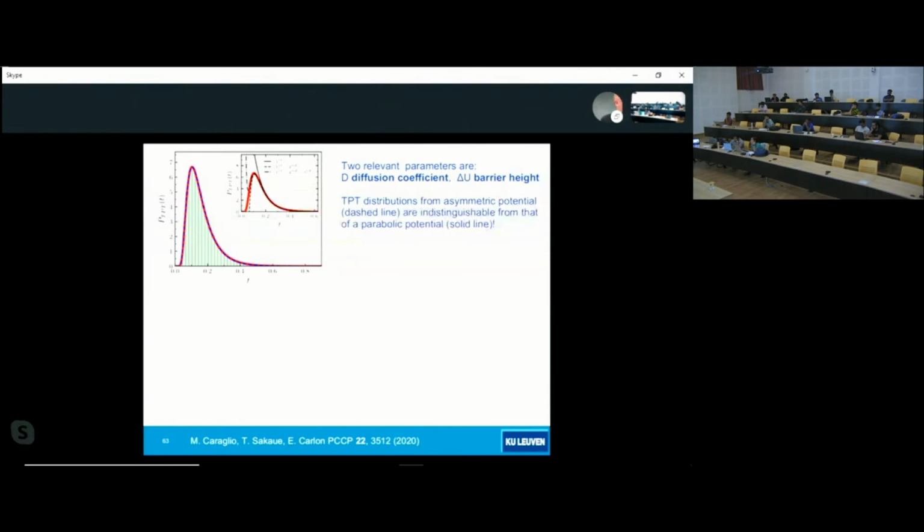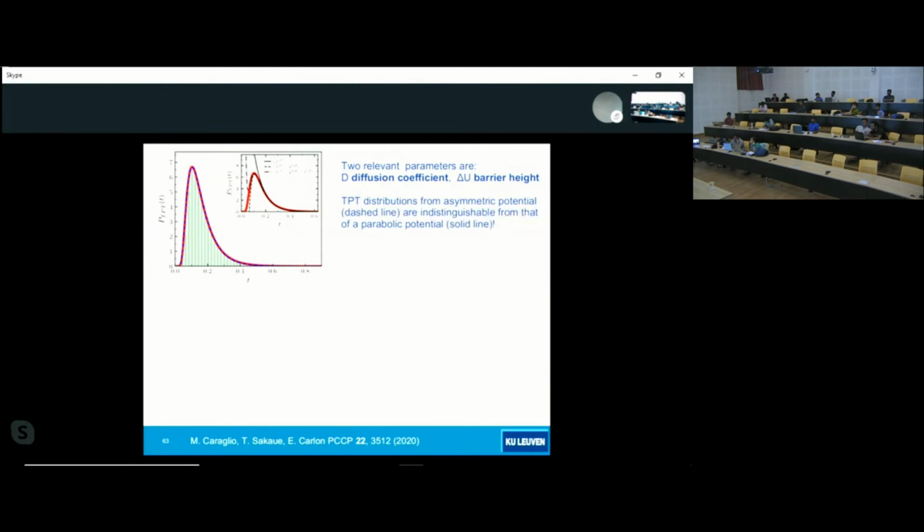What we find is that we don't see any sign of the potential shape, in the sense that given a transition path time distribution generated from an asymmetric potential, we can always fit it with a parabolic potential. In the main part of the figure there are two curves on top of each other, a dashed blue line and a solid red line.